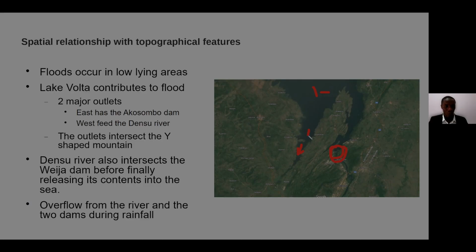However, on the western outlets, there is not so much control, and so a high amount of runoff from the Lake Volta through the Densu River and then the Wager Dam overflows the banks of the Densu River and the Wager Dam, and so we see so much concentrated flood on the western part of Greater Accra. So that's why we have so much flood on the western part of Greater Accra most of the time in the areas around the Wager Dam.